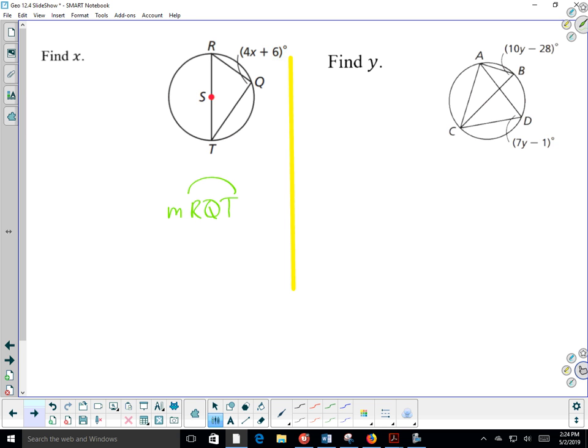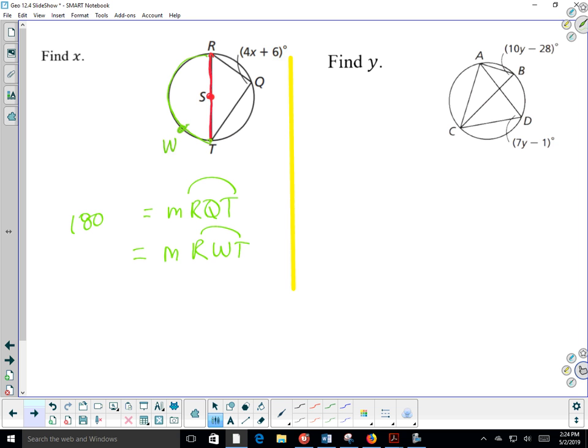First of all, let's stop for a minute. Angelina, I noticed that segment RT, which is a chord, is cutting through point S, which looks like the center of the circle. True? So that's going to make arc RQT, or this arc too, if I can throw another letter here, let me call it W, or the measure of arc RWT, those each have to measure what? 180.